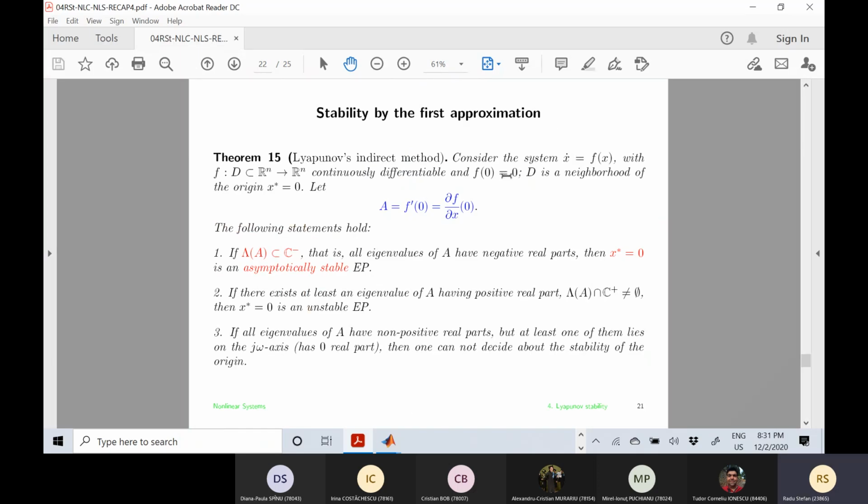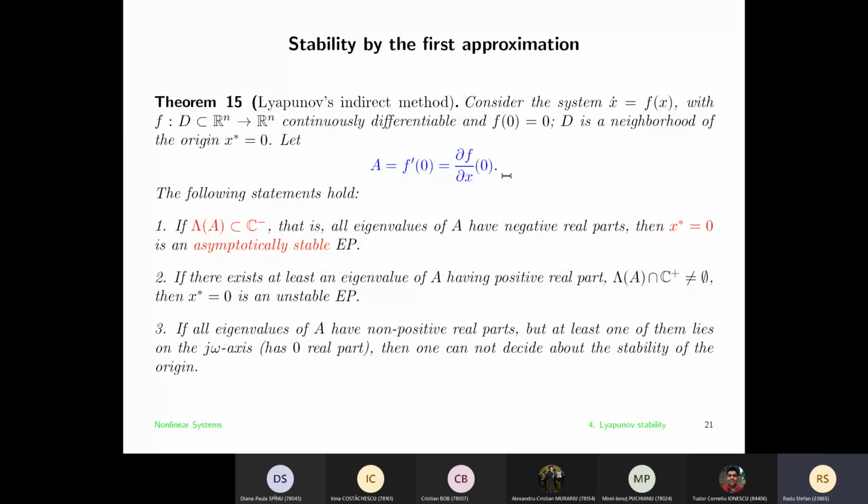There is a very important thing about these results on linear systems. This very important thing concerns the fact that we can decide on the stability of the origin for a given nonlinear system without being obliged to find or to invent or to retrieve a Lyapunov function.